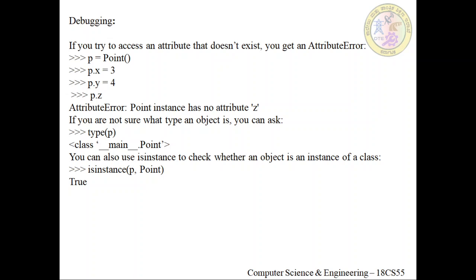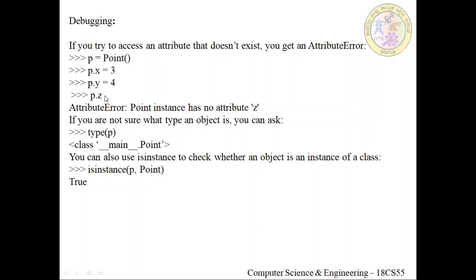Now let's check some of the errors that we might get when we write Python programs. As an example, we have a point class here. p.x is 3 and p.y is equal to 4. When you say p.z, you will get an error called an AttributeError. Why? Because in the point class we have used only x and y as the attributes, we did not define the z attribute.